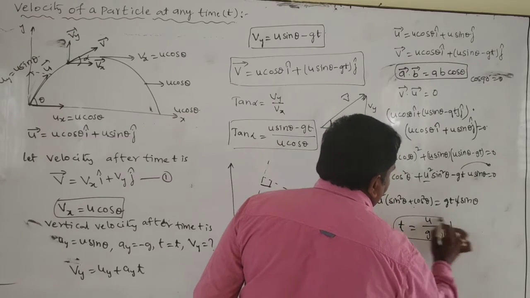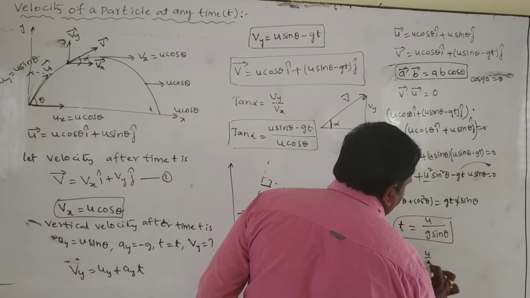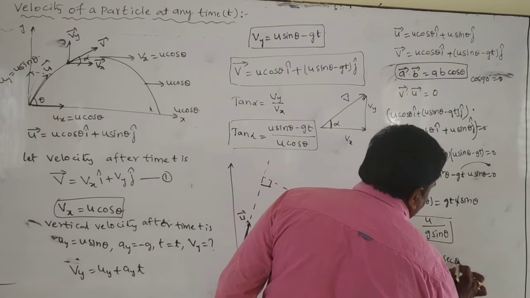This is the formula, t equal to u by g cosecant theta.